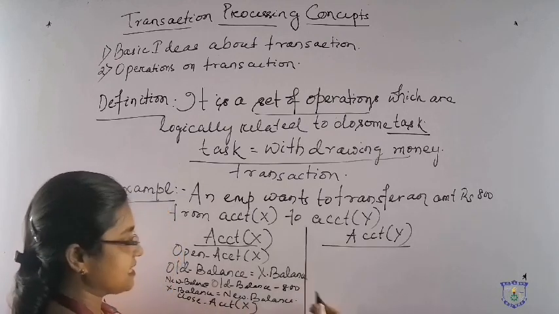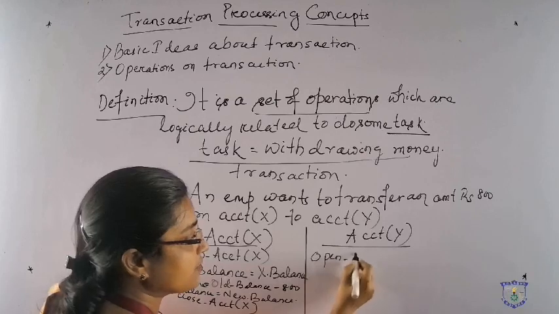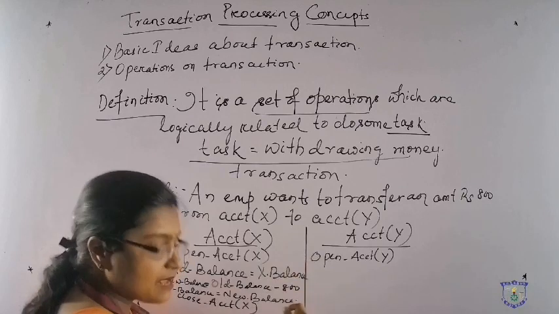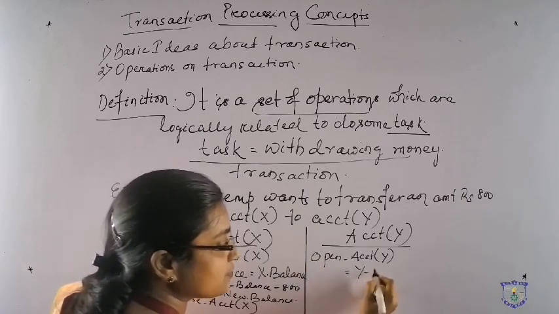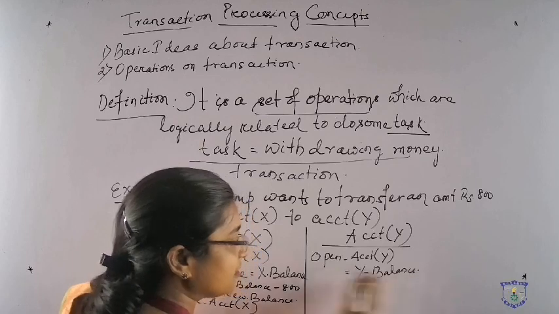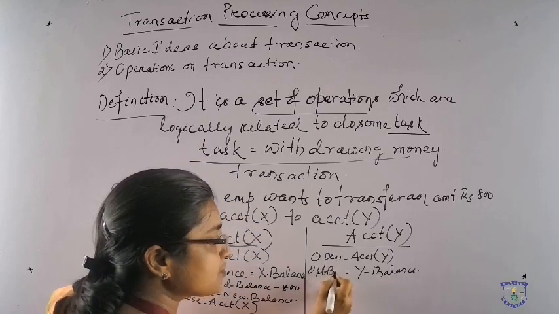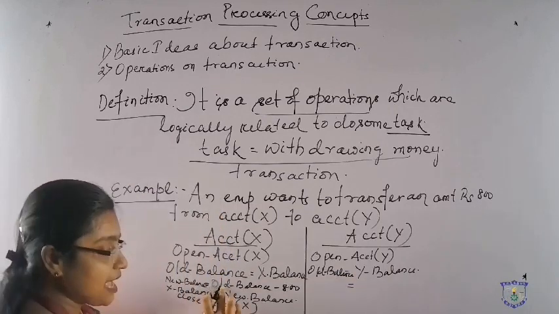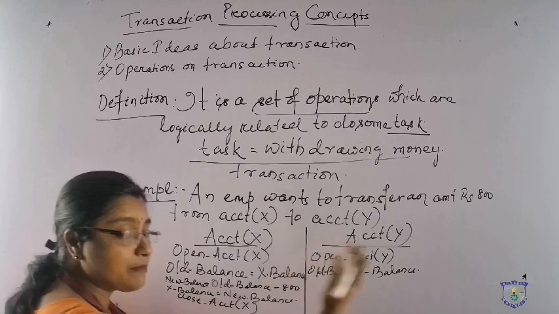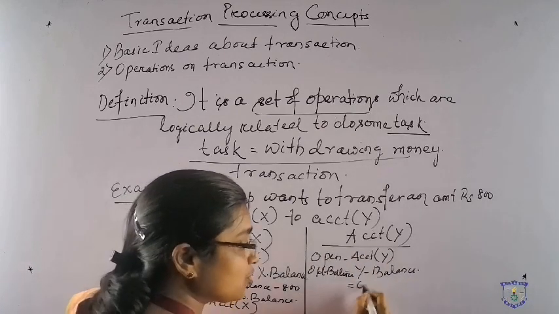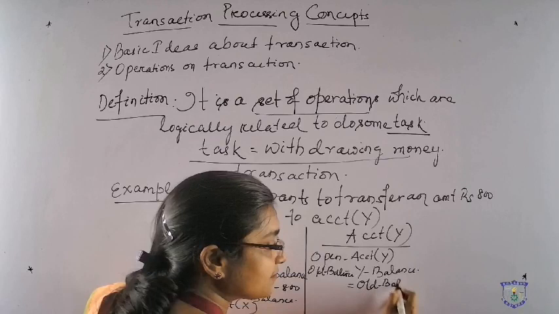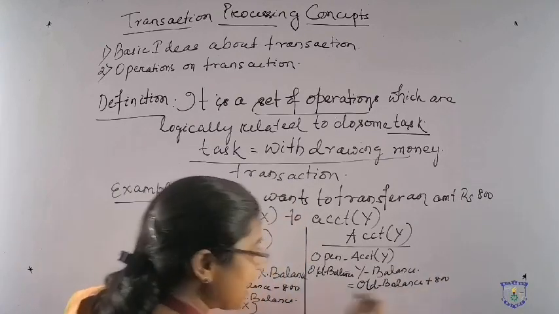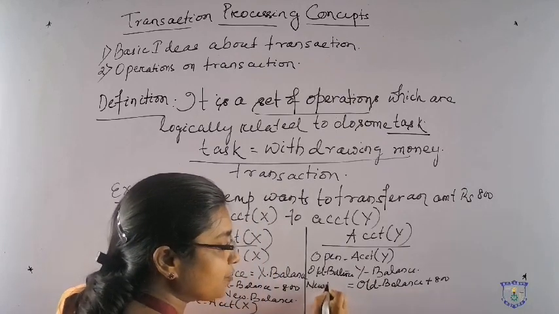Now moving to Y's account. Similarly, in Y's account also, we will open the account of Y. Again, Y's amount will get read. So Y's balance will be the existing balance of Y, that is old balance. Now, whatever amount got deducted from X account will be credited to Y's account. So, old balance plus 800, this will be stored in new balance.